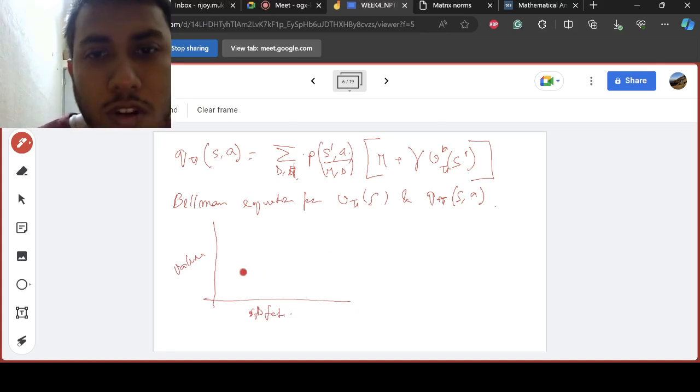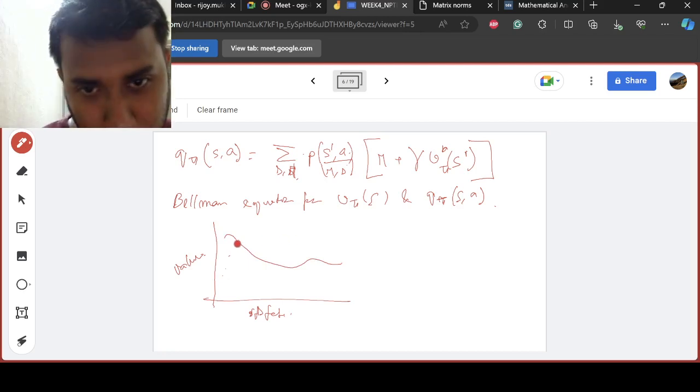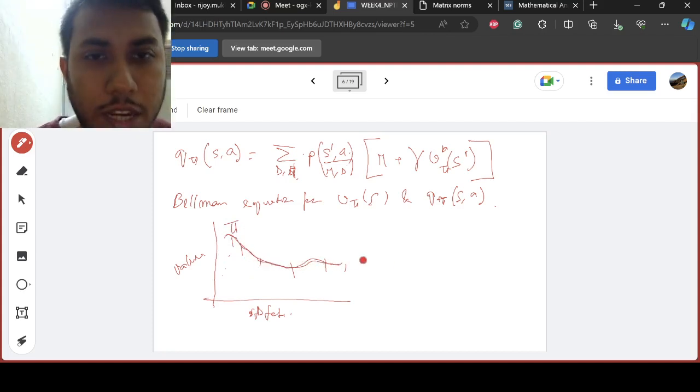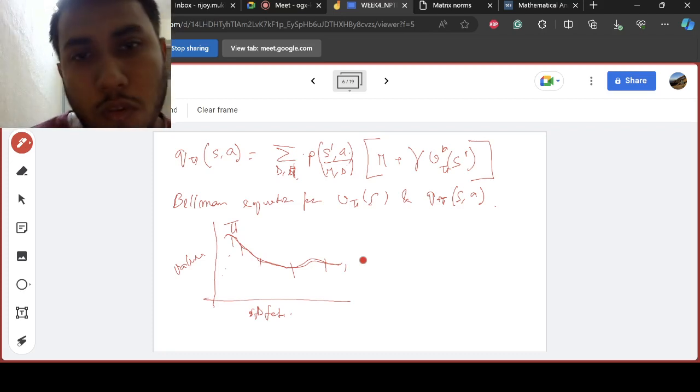Basically a policy is a graph which, over all the states, calculates all the values. For every state there is a particular value. This is a policy, a mapping from state to action, and the corresponding value for each action can be drawn like this. This is one of your policies.